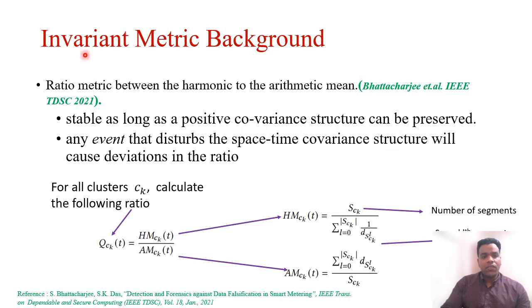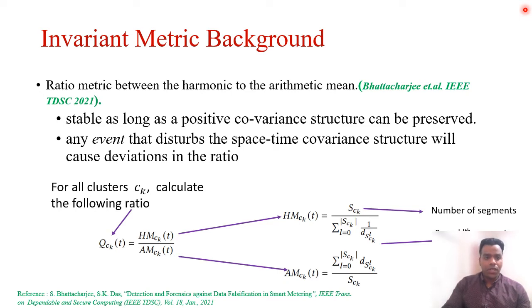Now let's talk about the invariant we'll be using for incident detection. The invariant is defined as a ratio metric between the harmonic mean and the arithmetic mean. It was first proposed in this paper, IEEE TDSC 2021, where we used that invariant to detect attacks in smart metering infrastructure. It was pretty successful in detecting attacks because it showed strict stability under benign patterns, and upon suffering an incident or attack, it showed strict deviation.